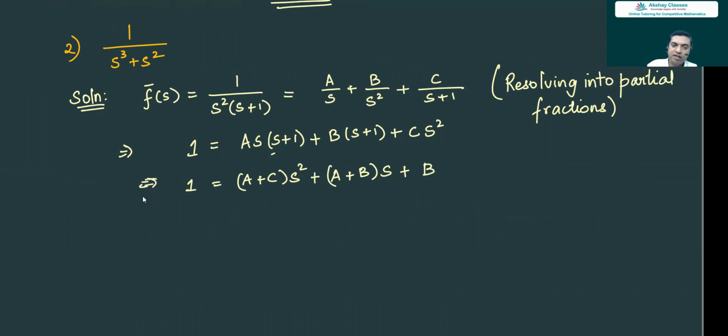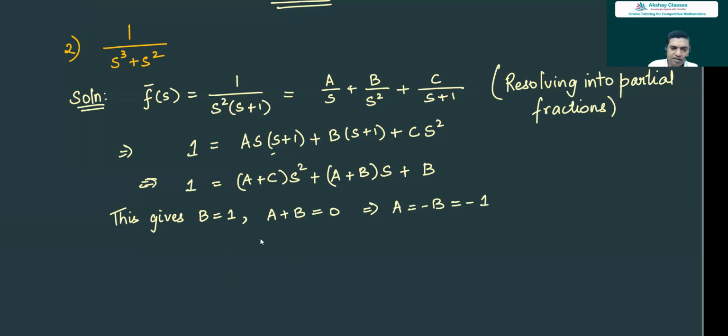Now comparing the left hand side and the right hand side, this gives us b equal to 1, and a plus b is equal to 0, which implies a is equal to minus b, which is equal to minus 1.